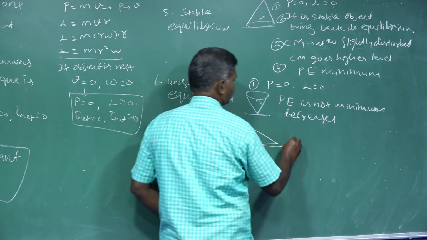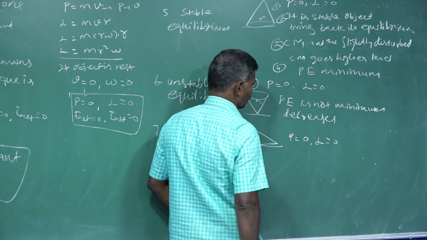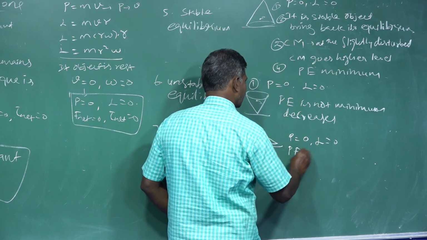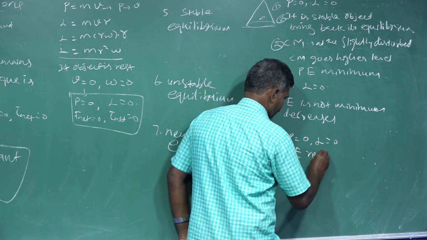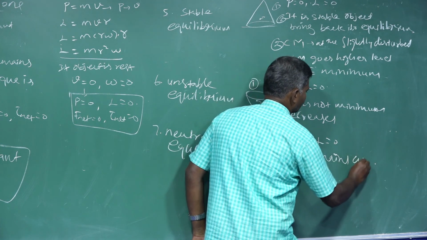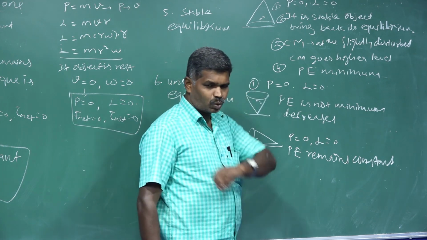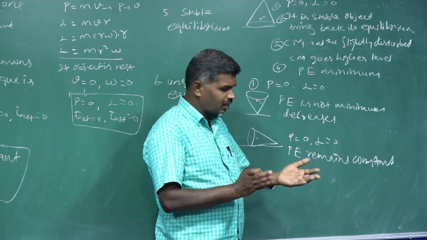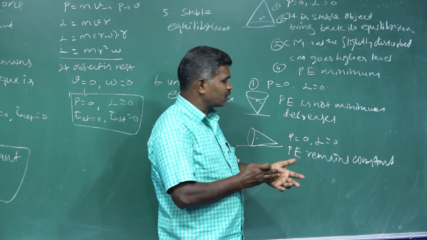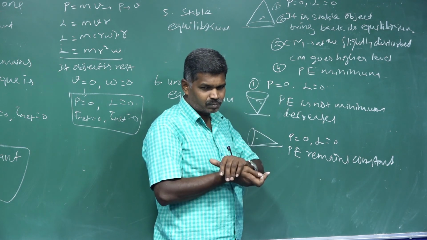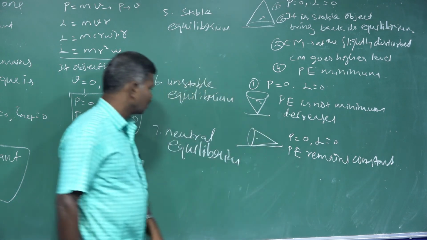That's why the conditions are linear momentum 0, angular momentum 0, and potential energy remains constant. Whatever disturbance you apply, slight or with greater force, the center of mass will not move higher or lower; it stays at the same level. That is the condition for neutral equilibrium.